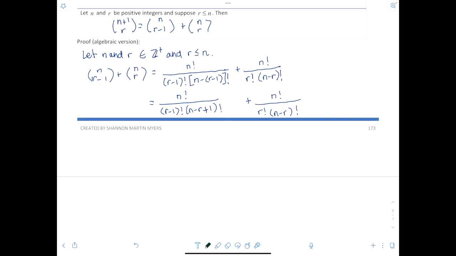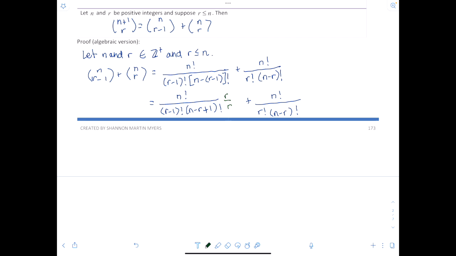Beautiful, r factorial. So if we multiply that first fraction by r over r, what'll happen is r minus 1 factorial times r is just r factorial. Isn't that beautiful? So we've got that one set up.